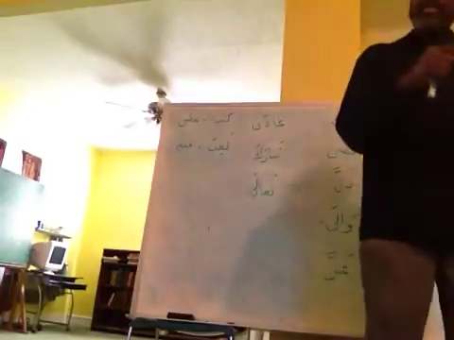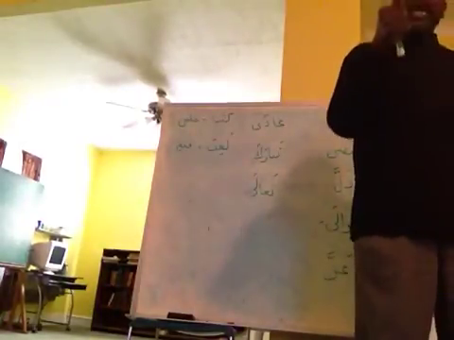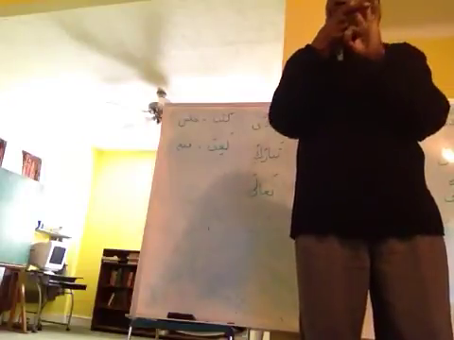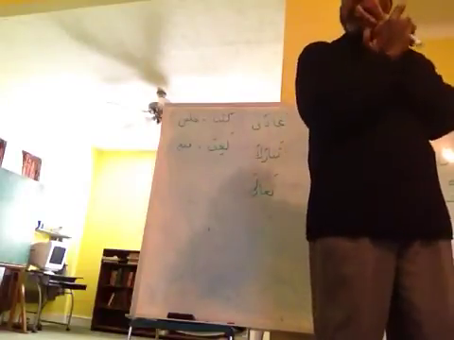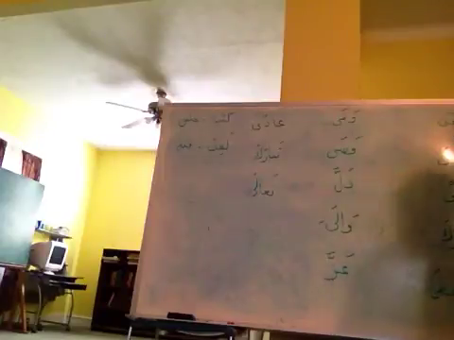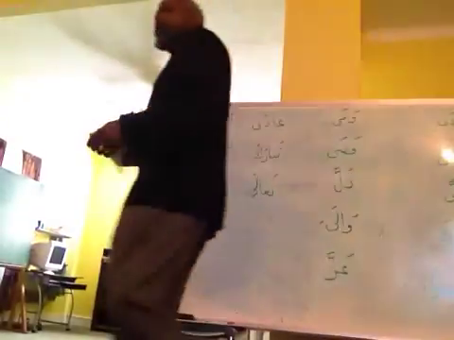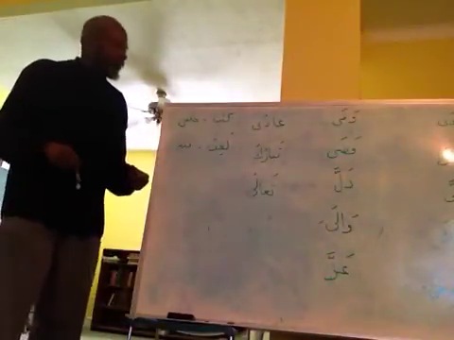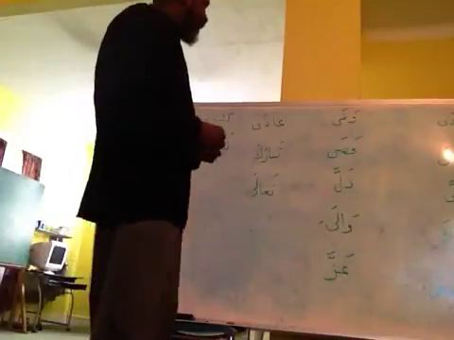So when we say a weak verb is of three types, that means the first letter could be weak, the middle letter could be weak, or the last letter could be weak. In other words, we can start a verb with a weak letter. Look at hada. It's weak where? At the end.